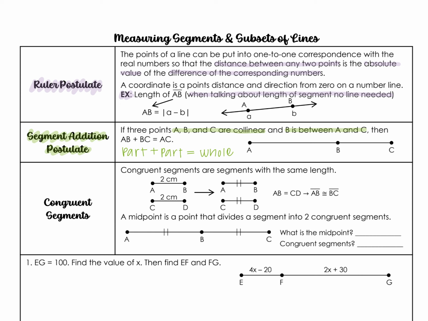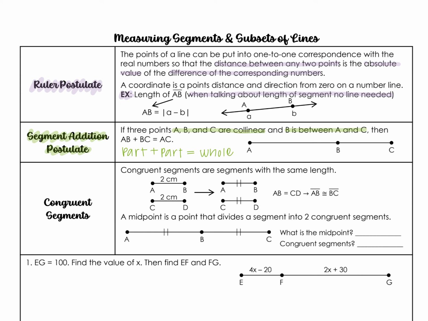All right. So going back to the rest of what we have here, a midpoint is a point that is going to divide a segment into 2 congruent segments. Kind of how it sounds, it's a middle point.